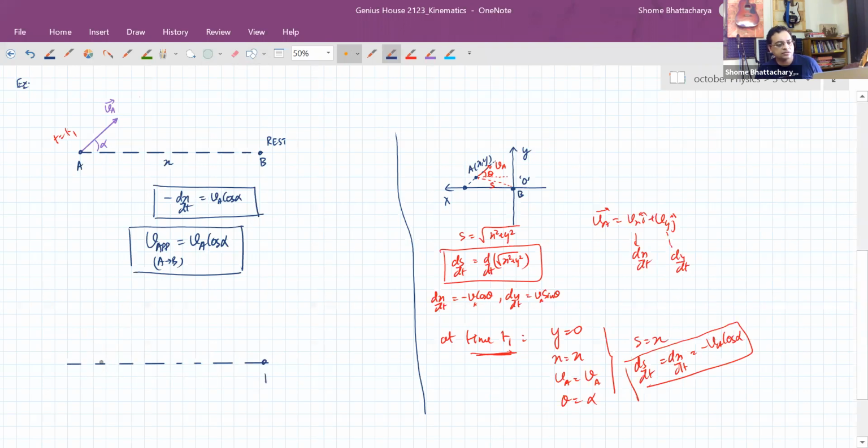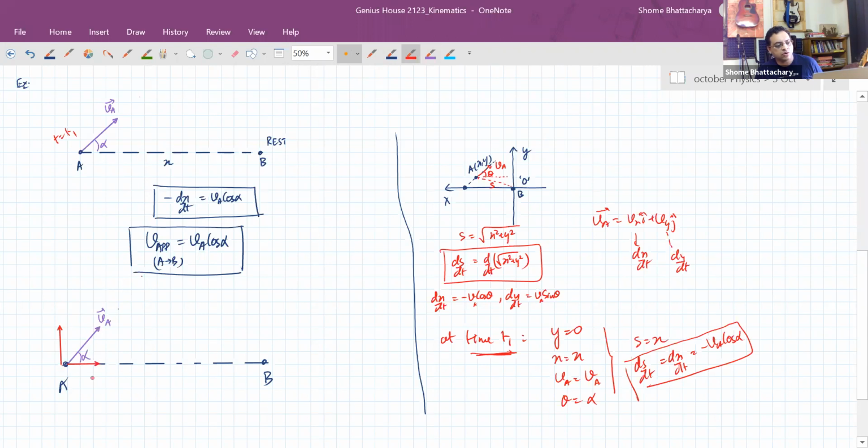So if we look at A moving with a velocity whose magnitude is VA, but whose direction is alpha right now, we can visualize this velocity VA as the superposition of two components, one directly towards B and the other perpendicular to it.